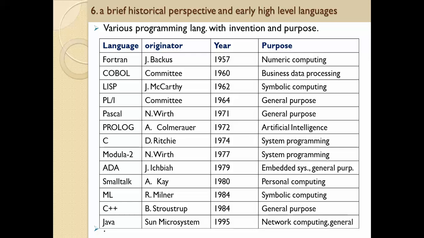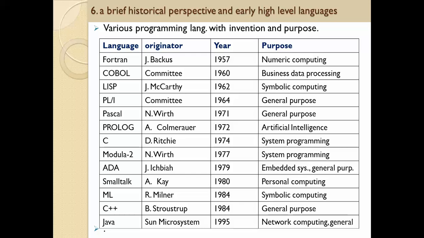Again C language is used for system programming, invented by Dennis Ritchie in 1974. System programming is nothing but the operating system or hardware drivers, which come under system programming. Modula-2 is again used for system programming.